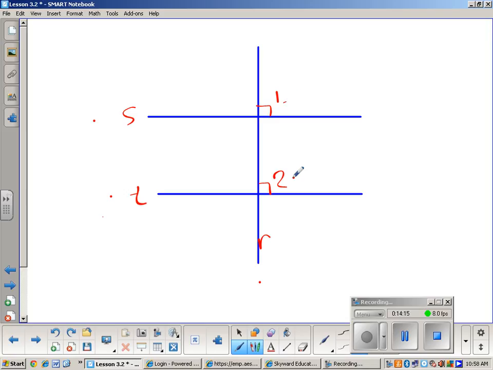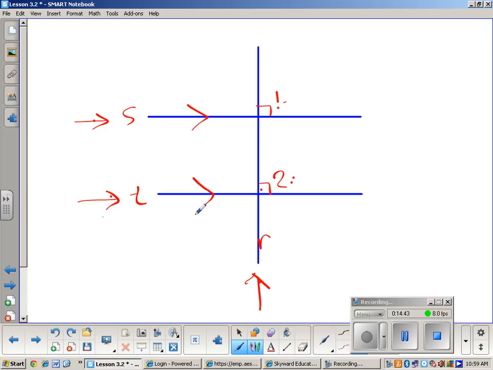What this theorem says is, in a plane, if line S and line T are perpendicular to the same line, which is line R, then they are parallel to each other. Then we can say that these two are parallel.